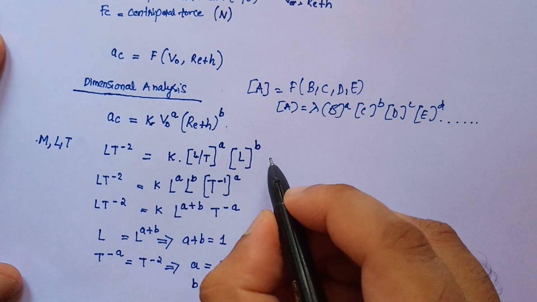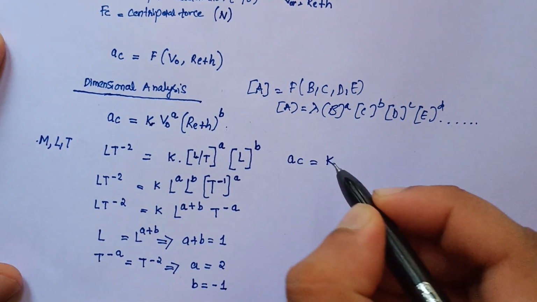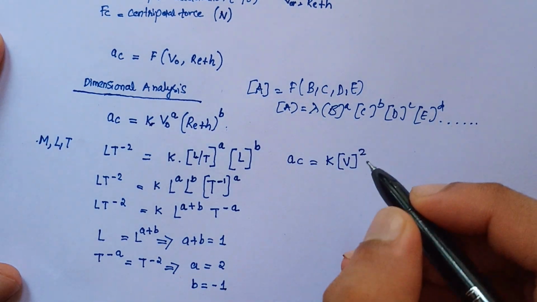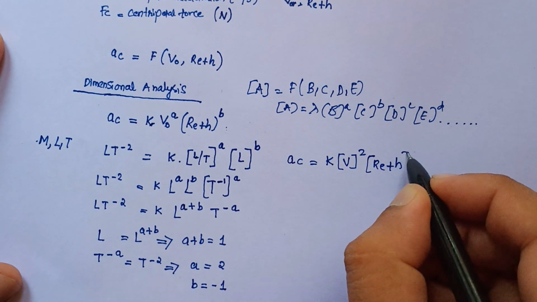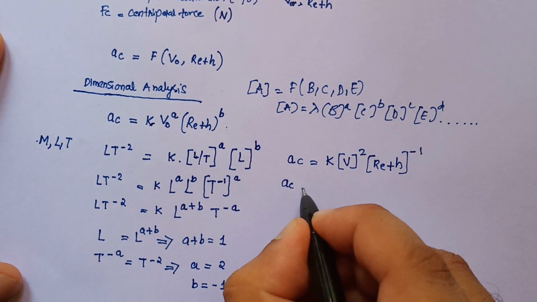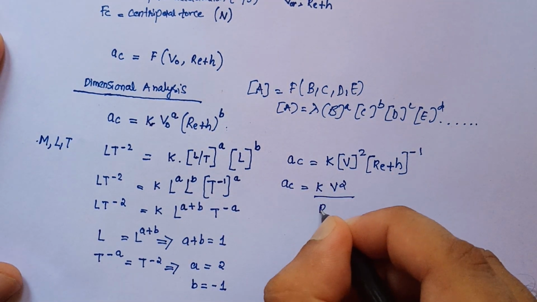That means ultimately you're going to get acceleration equal to k into v to the power 2 and (Re plus h) to the power -1. It's very simple, so you can write AC is equal to k v square divided by Re plus h.